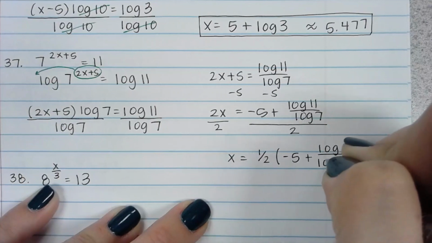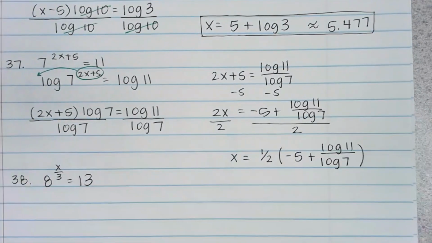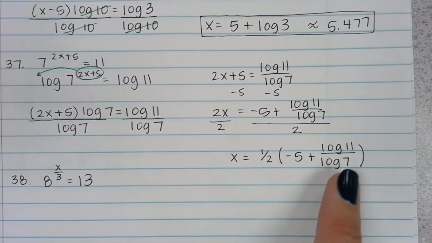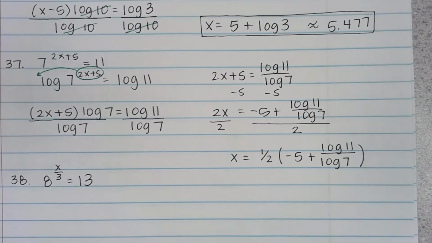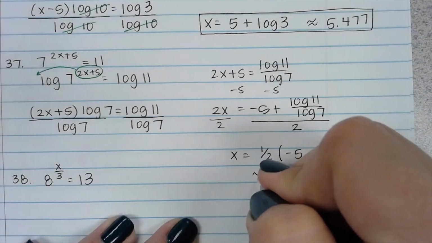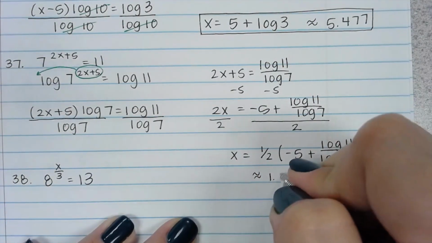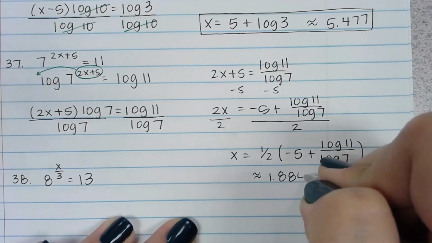And so this would be my exact answer to the question. These could get written in the other order if you wanted them to, but writing them this way is fine. When you type this into your calculator to get your approximate answer to the question, this one works out to be approximately 1.884.